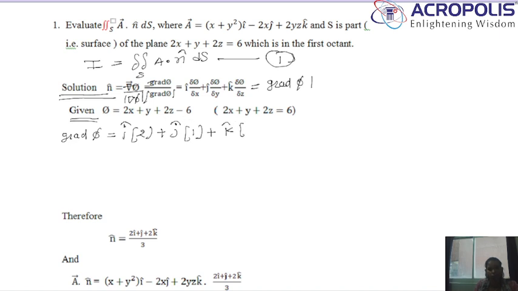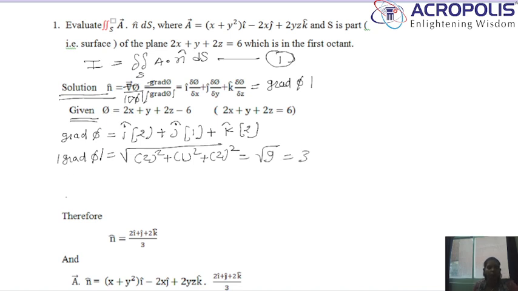This is 2. So here is the value of grad phi, and the modulus of grad phi is calculated by under root 2 square plus 1 square plus 2 square, that gives me root of 9, which is equal to 3.